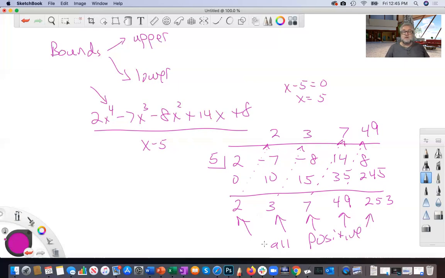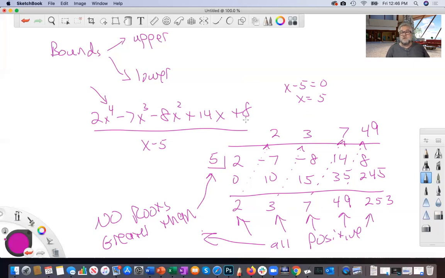When that happens, that means there are no roots greater than whatever we tested. So when all of them come out positive, this number is not a root, and anything above it is not a root.